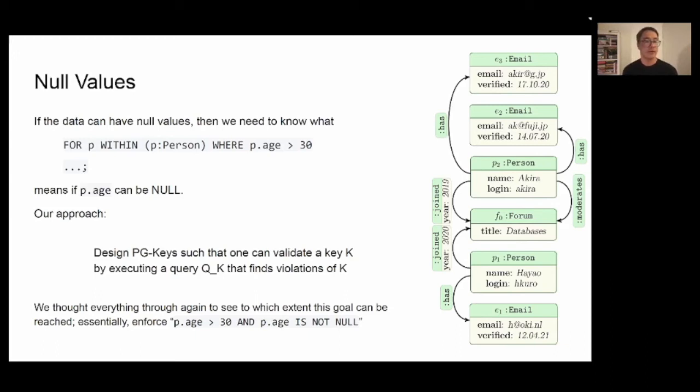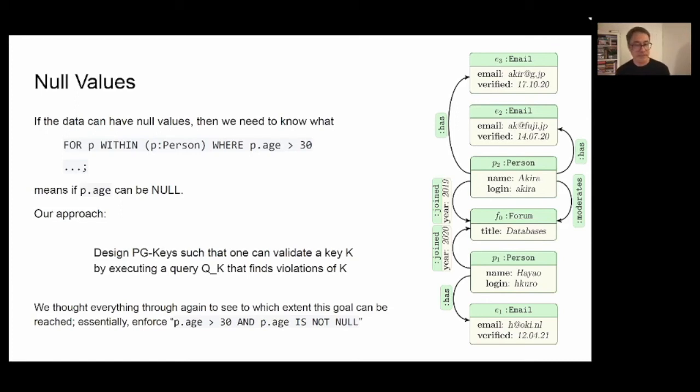For example, if we're looking for nodes labeled person, and we want to filter only those people where the age is above 30, what will this mean if age can take on a null value?